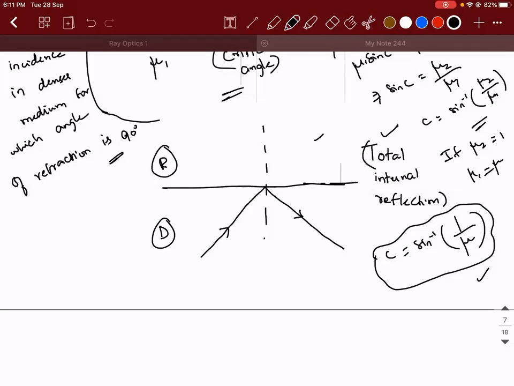So you can either have this as an expression for critical angle or you can derive it based on the problem.